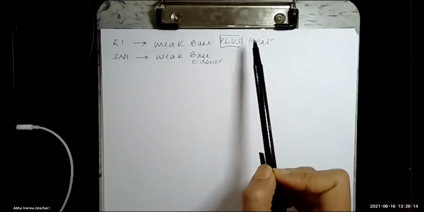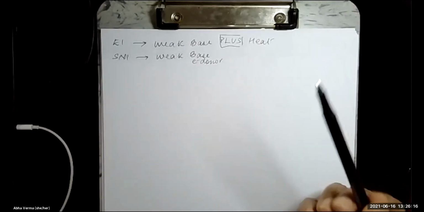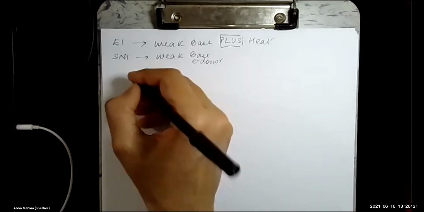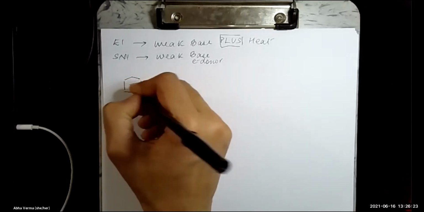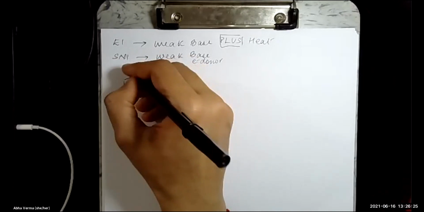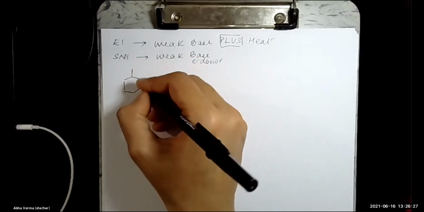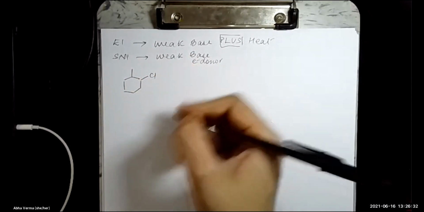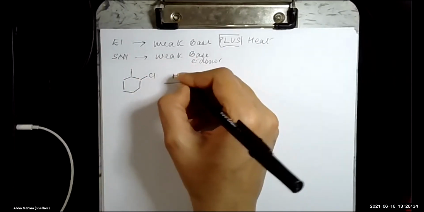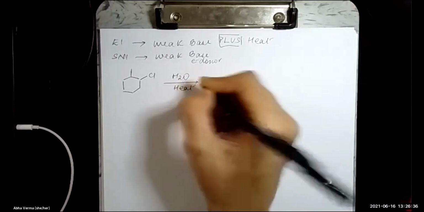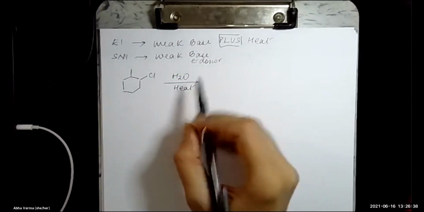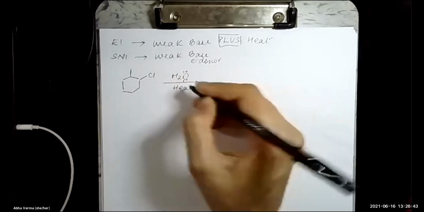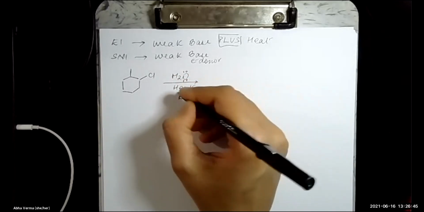Usually with heat, we see eliminations. It dehydrates. So just like SN1, what was the speciality of SN1? The leaving group leaves on its own. Let's say I have this water and I have heat. Because I have heat, because I have a lone pair, I know it's a weak electron donor, I know we are going to have E1.